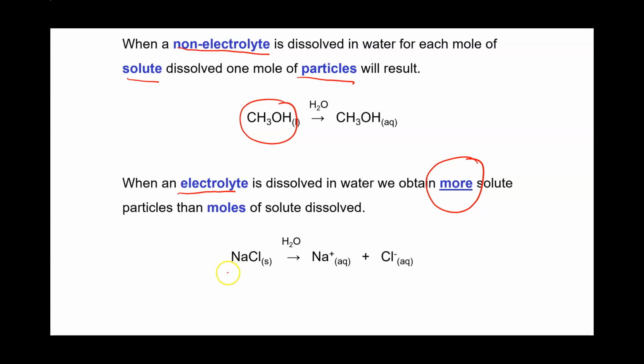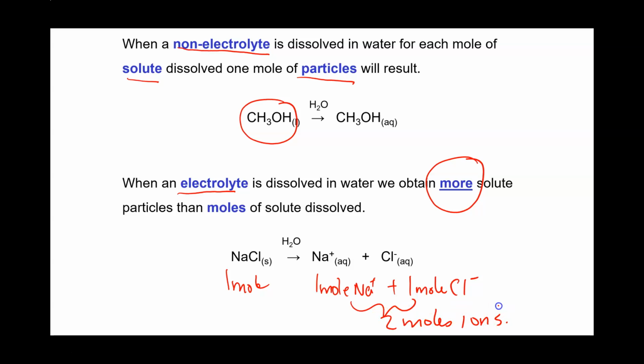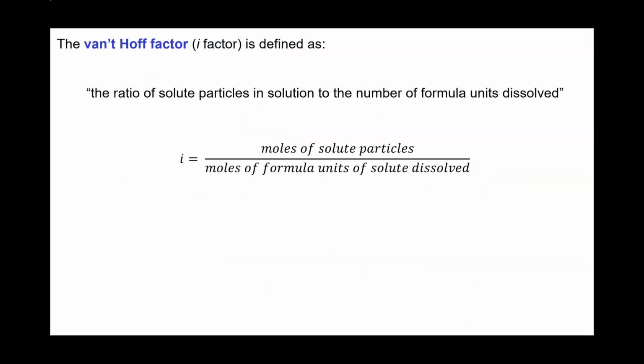For example, if I add 1 mole of sodium chloride, I'll get 1 mole of sodium ions and 1 mole of chloride ions. That is, I'll get 2 moles of ions total. And I mentioned this previously, for every 1 formula unit of sodium chloride that I add, I get 2 moles of particles. So I have to be aware of that.